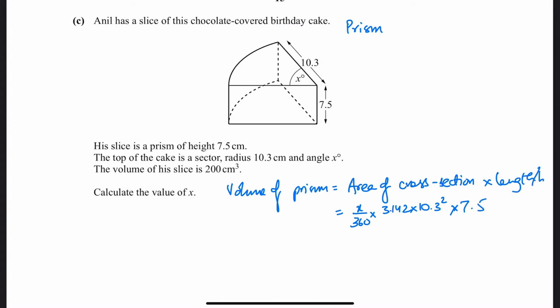So it's length or height depending on how the prism has been placed. This equals 200. So I can cross multiply and this is going to boil down to 28.7999, which is 28.8 degrees.